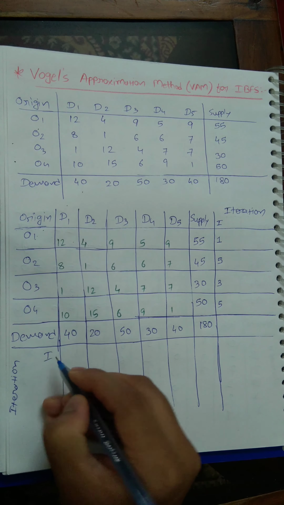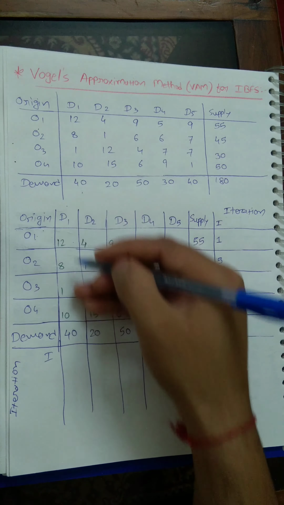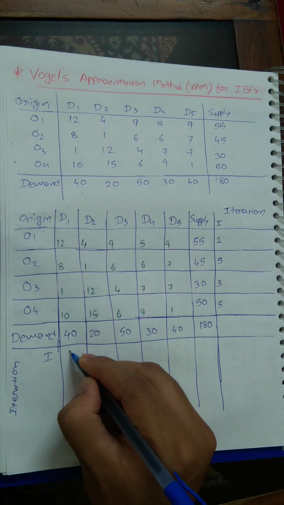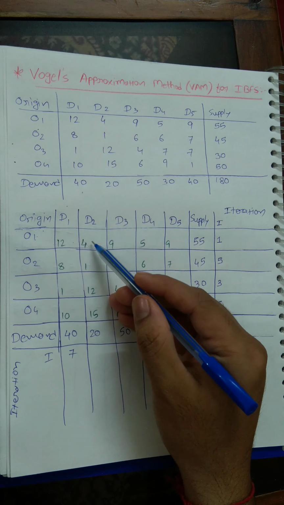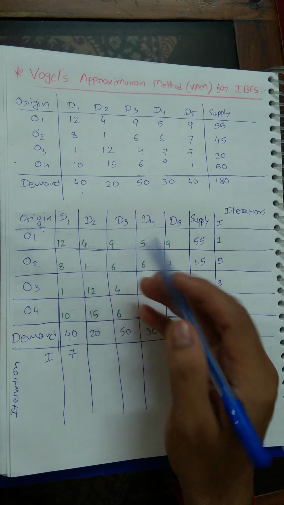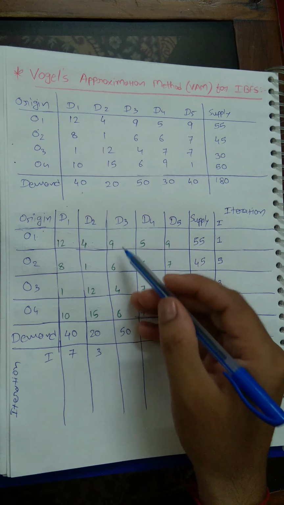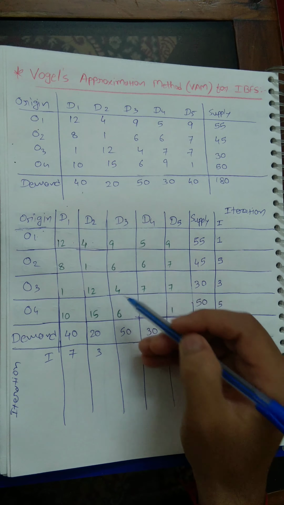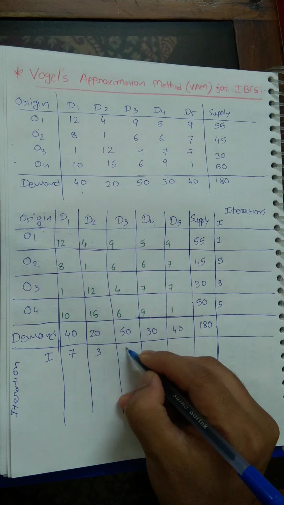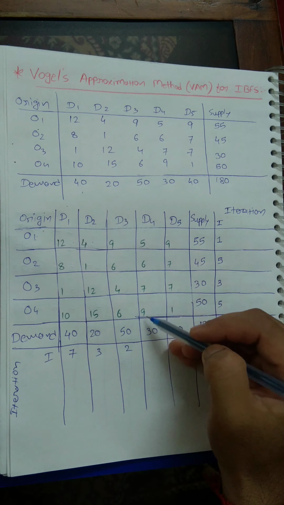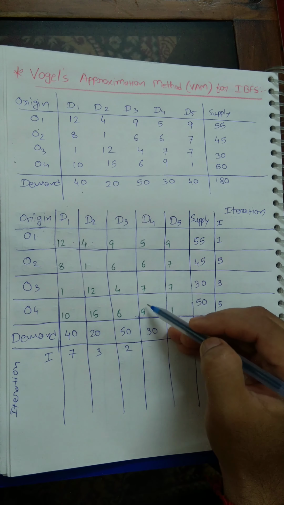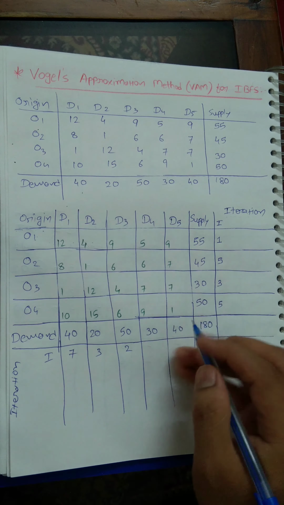In the same way you should do the column wise iteration. For the first column it will be 7. For the second column it will be 4 minus 1, 3. For the third column it will be 6 minus 4, 2. For D4, 6 minus 5, 1.